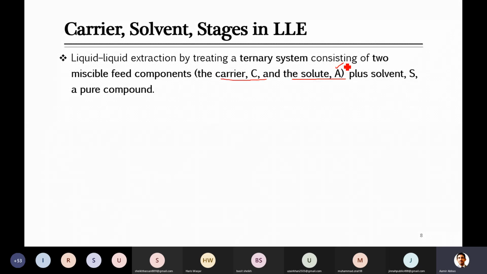This terminology is the same as you have already seen in the case of absorption. If you remember, when we bring the gas in contact with the liquid, we used to say that the solute is transferred from the gas towards the liquid. So solutes were those species which you were absorbing. Here solutes are those species which you want to remove from the feed or extract from the feed towards the solvent. All other components except this are named the carrier.